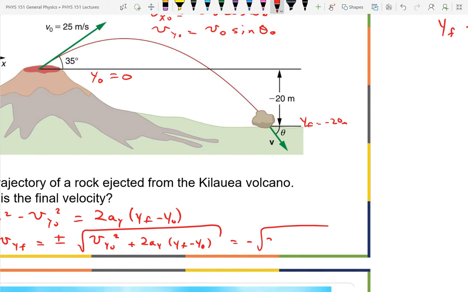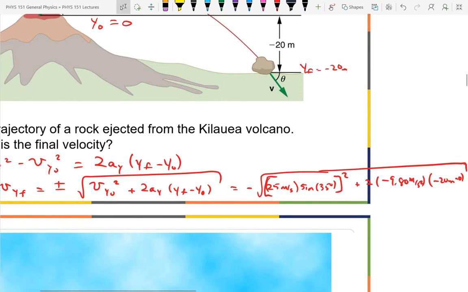And we have that plus 2 times minus 9.80 meters per second squared times minus 20 meters minus 0. And so you put that in your calculator and it gives you the final y velocity.